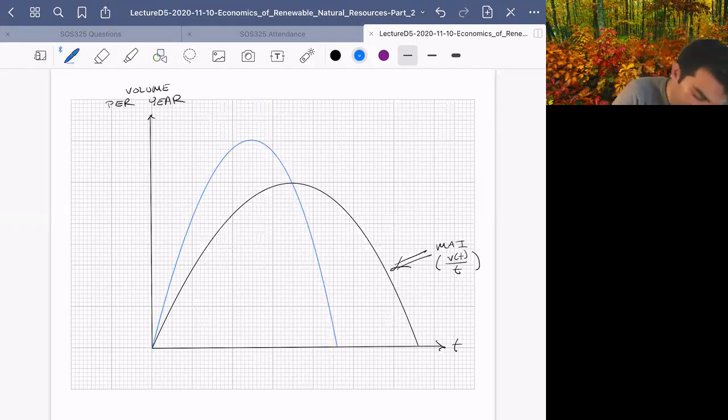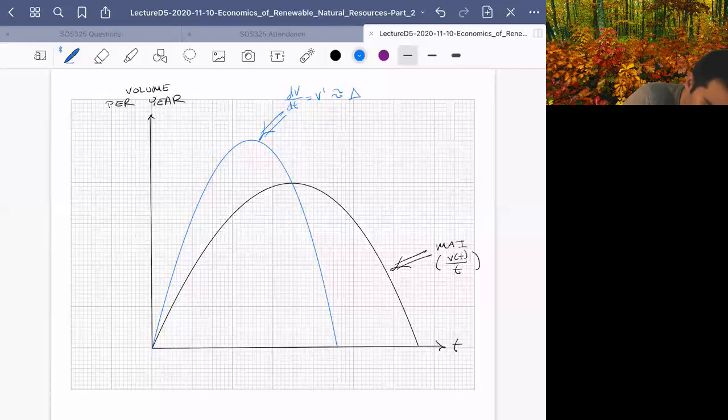And so this here is dV/dt, or V prime, which is just delta V, which is my change in volume from one year to the next.